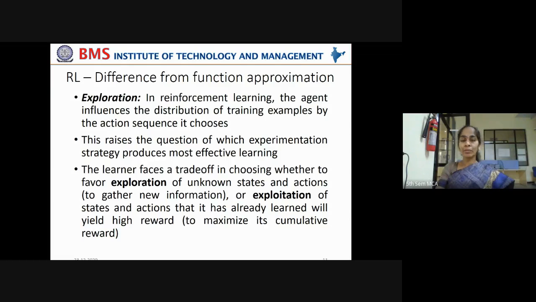It is referring to the previous knowledge of the agent in order to take an important step in future. But sometimes it may prefer to explore unknown states and actions. Instead of referring to its previous knowledge, it will sometimes become ready to take a new step, that is, explore a new step.